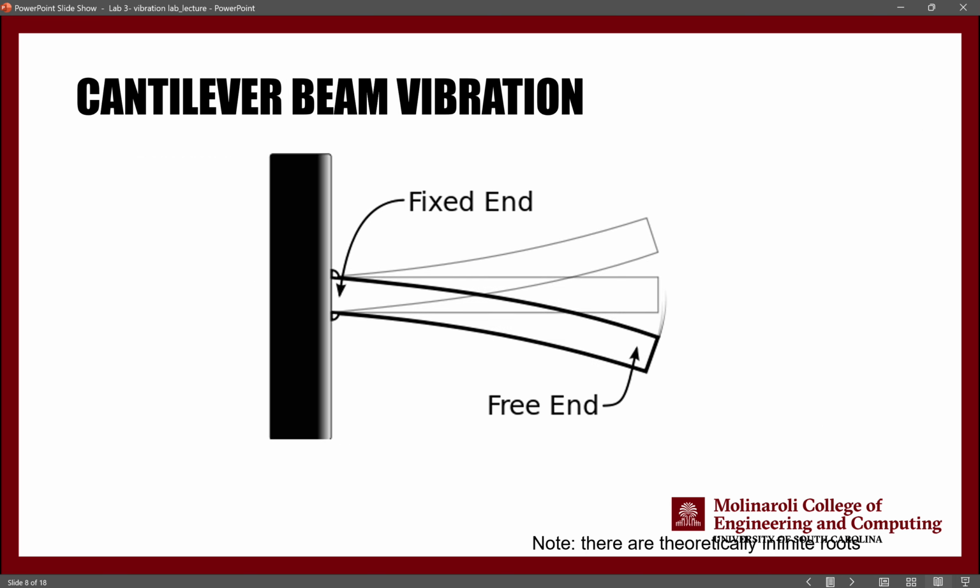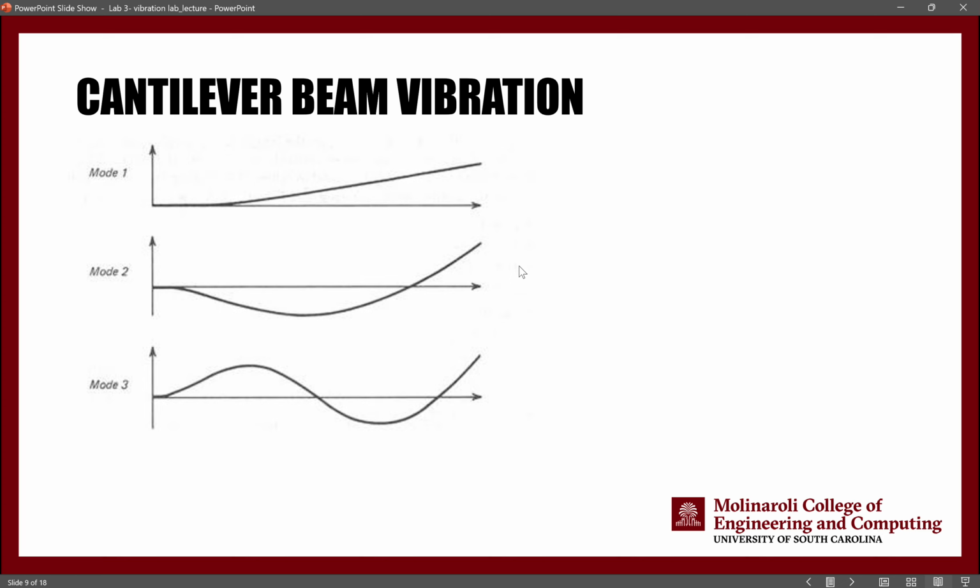Okay, so fixed end cantilever, essentially we are holding our beam in the middle. We are going to have vibration on two sides. That's the idea. And the modes of vibration for this are going to look like this. The first mode of vibration with the first natural frequency, again, we are going to talk about how to do the calculations for that, is going to look like this.